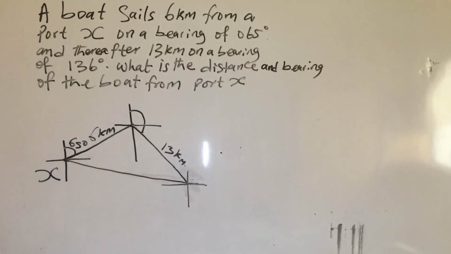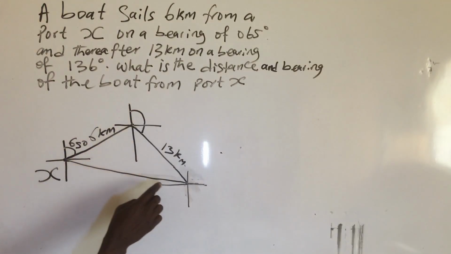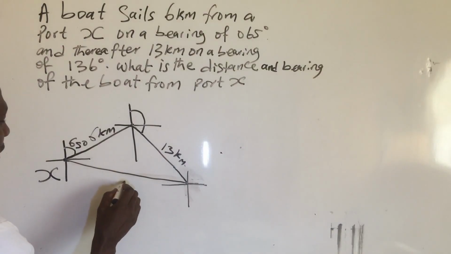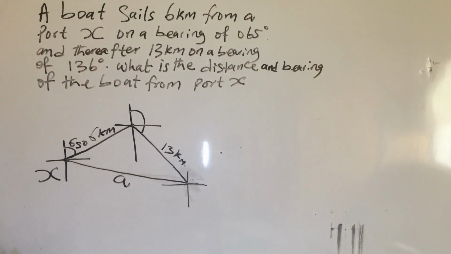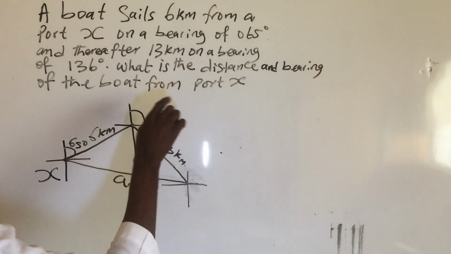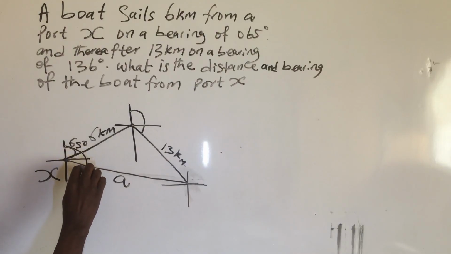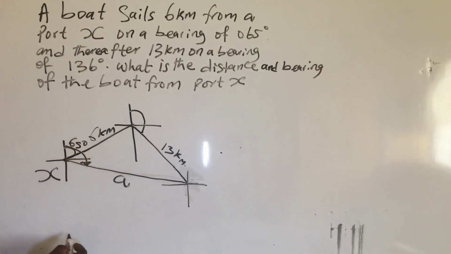The question is now asking us the distance from here to here. Let us name it A. Let us name the distance A, and also the bearing from this point. So the bearing from this point will start from here to meet the line. So from here to here is what they are asking us.